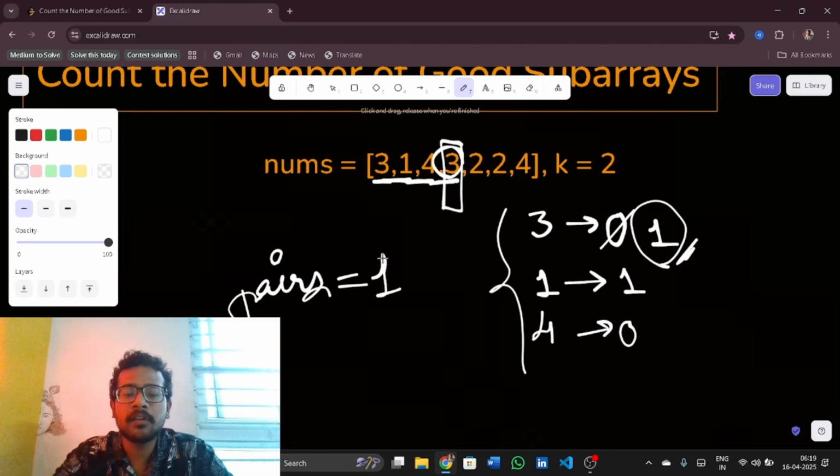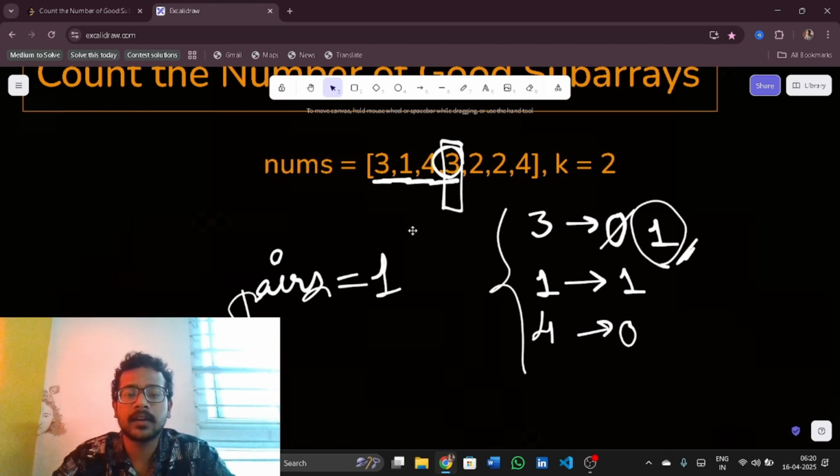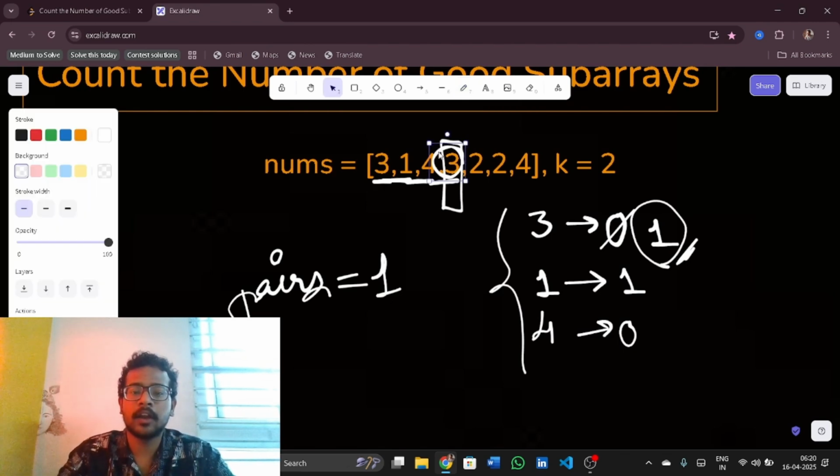That's why I check whether I have this element before. If I have this element before, then however many times I have that element, I'll add that to pairs. Now I only got pairs; I didn't get the answer of good subarrays. I'll tell you how I can get the count of good subarrays in a few seconds.